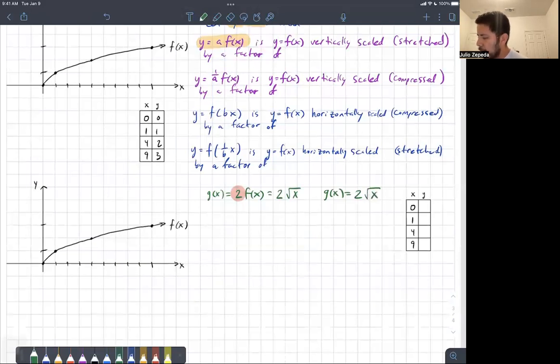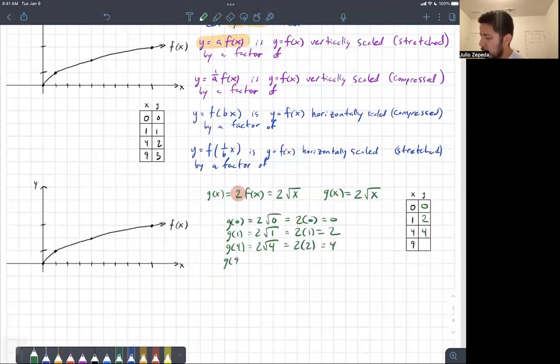So let's start with g of 0. This is 2 times the square root of 0. 2 times 0 is 0. We still get 0 there. g of 1 is 2 times the square root of 1, or 2 times 1, which is 2. g of 4 is 2 times the square root of 4, which is 2 times 2, which is 4.